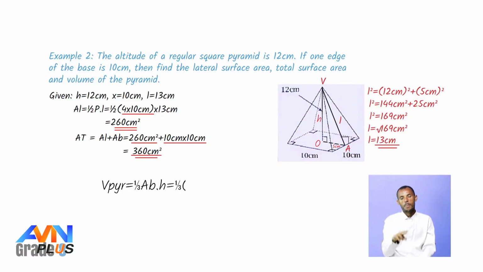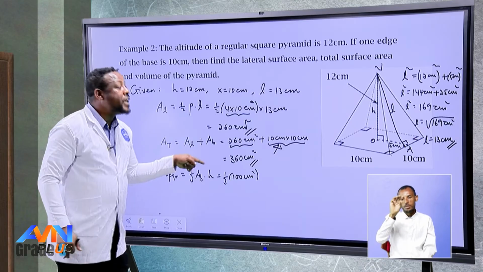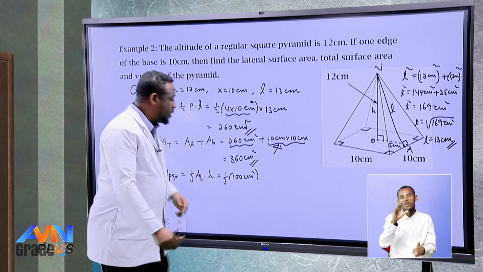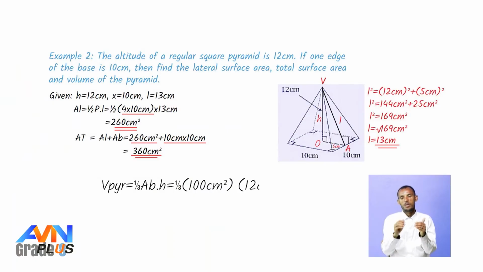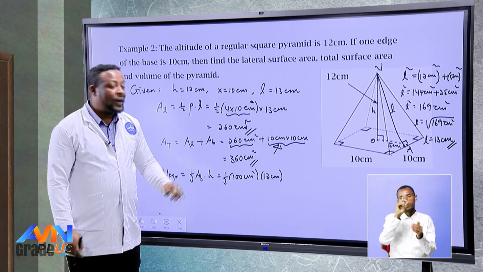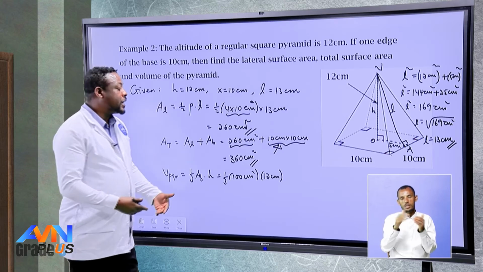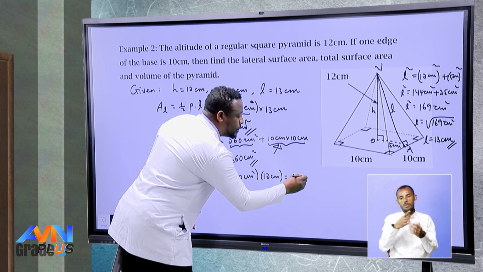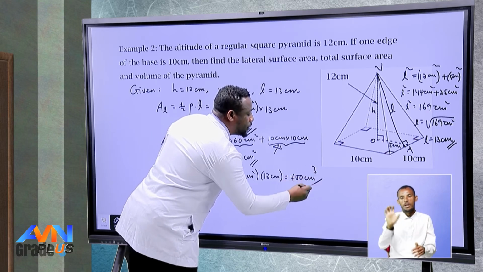So 1/3 of 100 centimeter square times the height of the pyramid, which is 12 centimeter. Now 100 times 12 is 1200, divided by 3, the result becomes 400. So the volume of this pyramid becomes 400 centimeter cube.